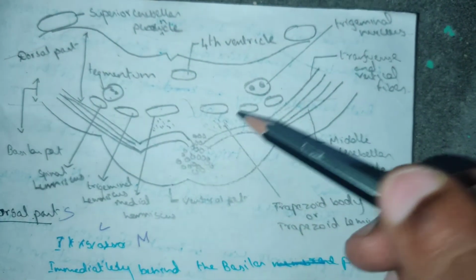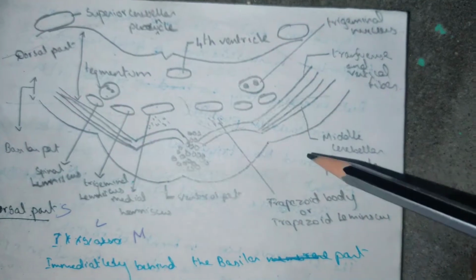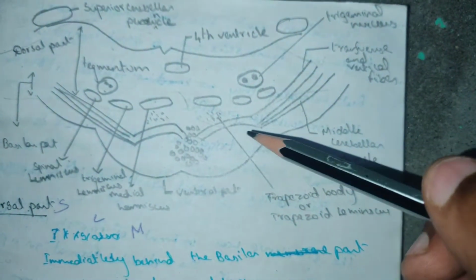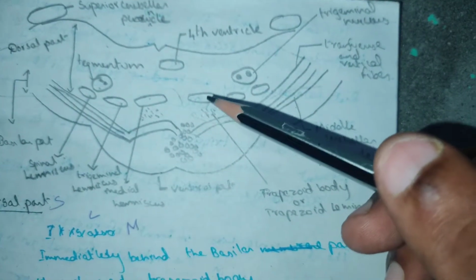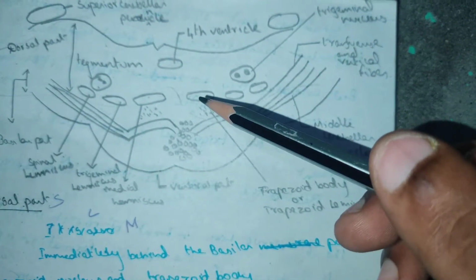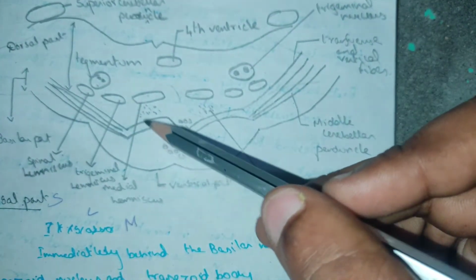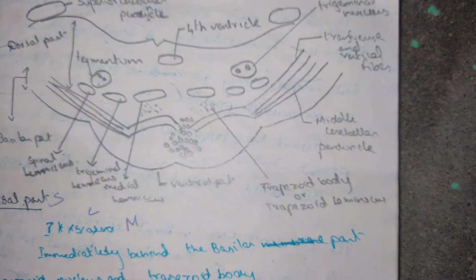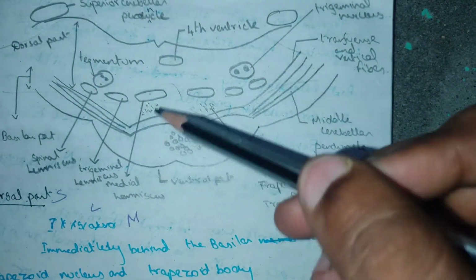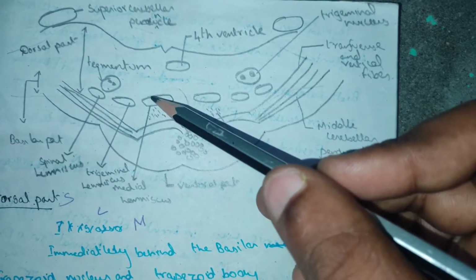Immediately behind the basilar part, the trapezoid body or trapezoid lemniscus is present. Medial to it, the medial lemniscus is present.